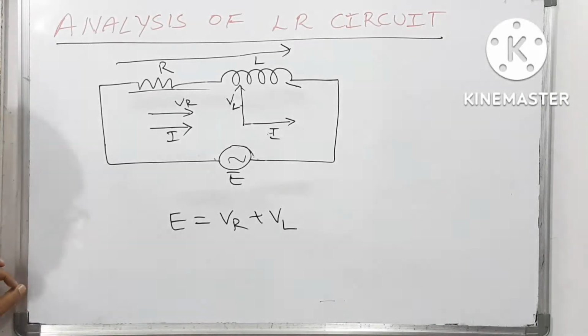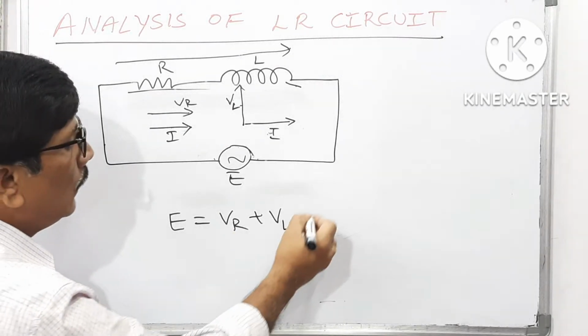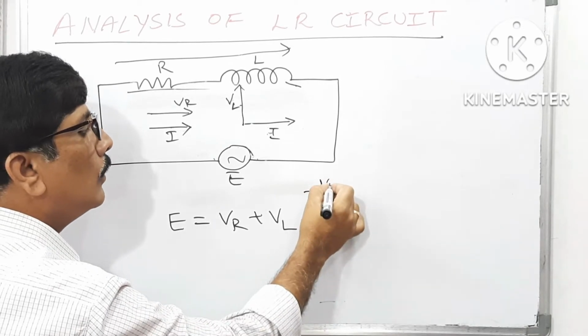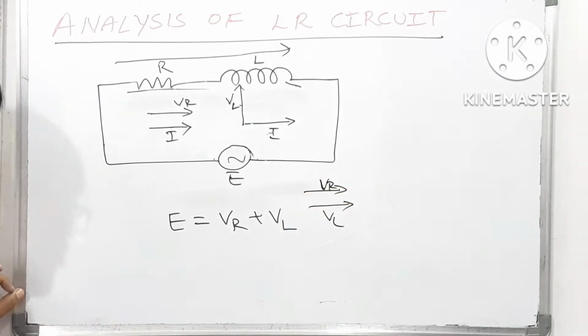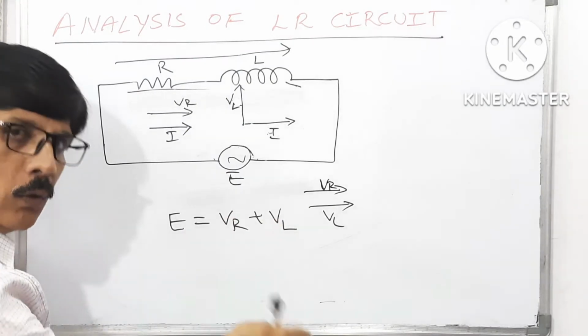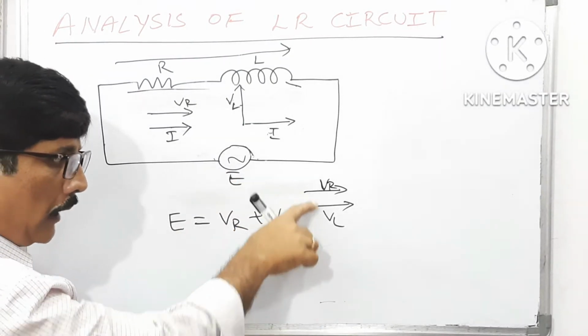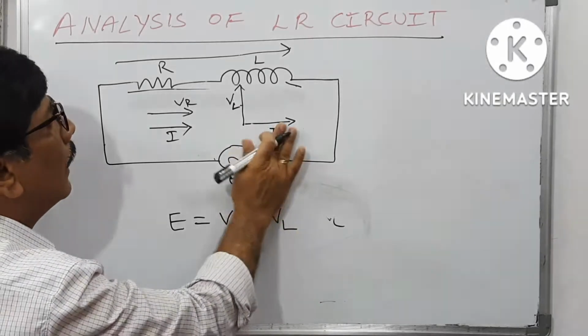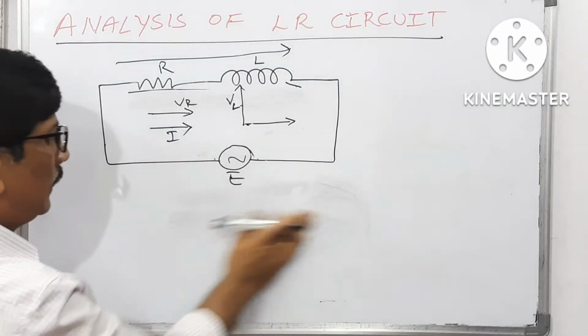You cannot write like this, because here VR and VL both are not in the same direction. So you cannot add directly. Even though electromotive force is scalar, you cannot add directly. But as this VR and VL, see here, finally you can write like this.